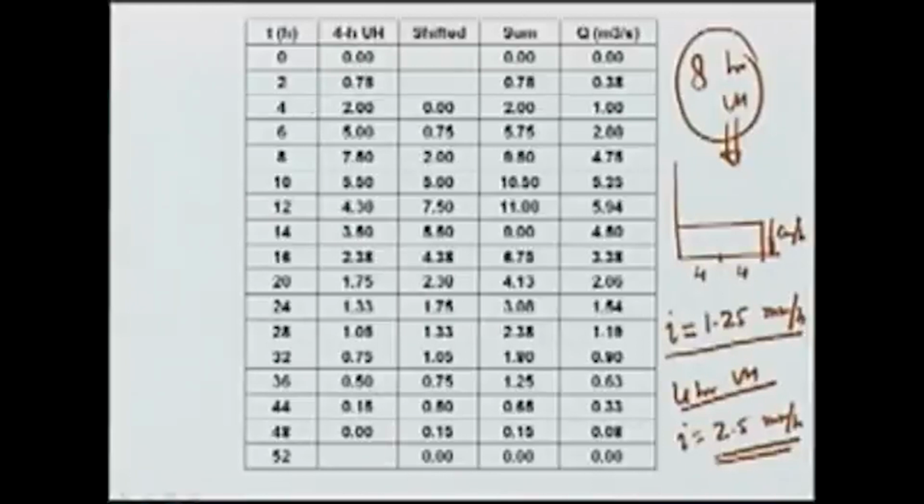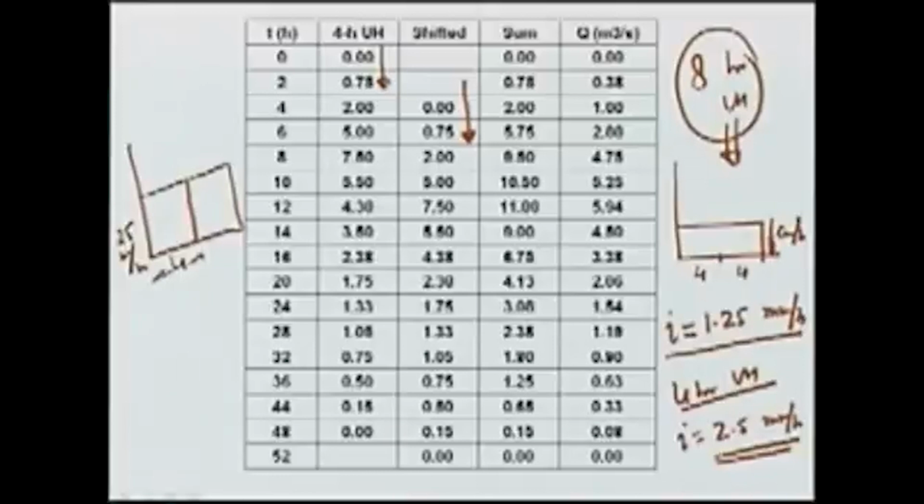add two 4-hour UH. So, this is first 4-hour unit hydrograph shifted by 4 hours. So, if you look at these two columns, (2.5 millimeter per hour), 4-hour and 4-hour.